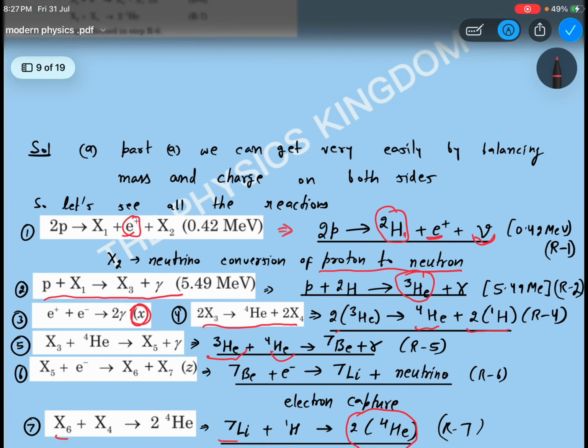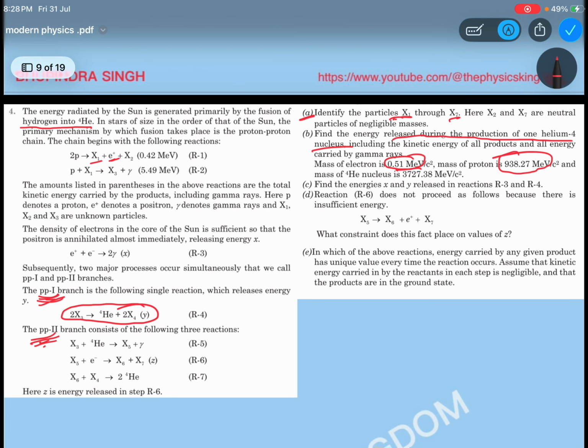Now D part is interesting. In this they are saying reaction 6 is the following, but it cannot happen like this. So what is the condition associated with Z? That is what they are saying, beta.